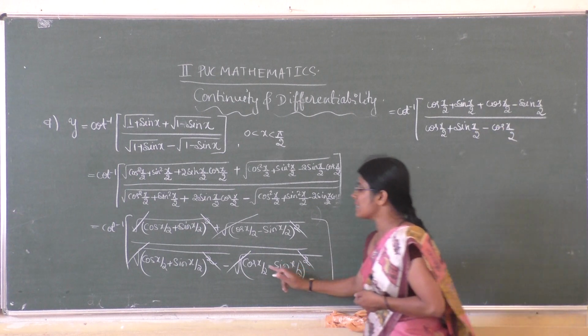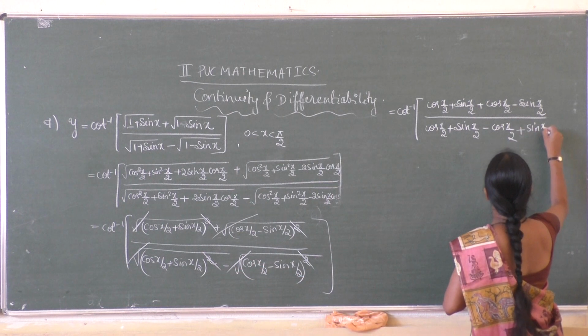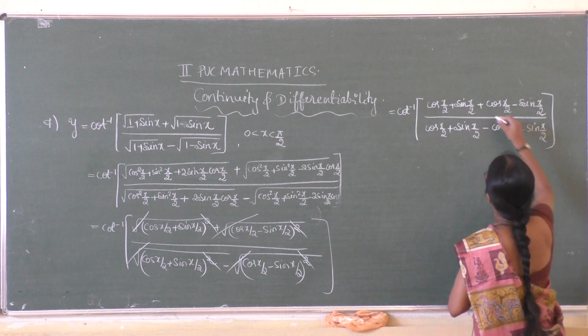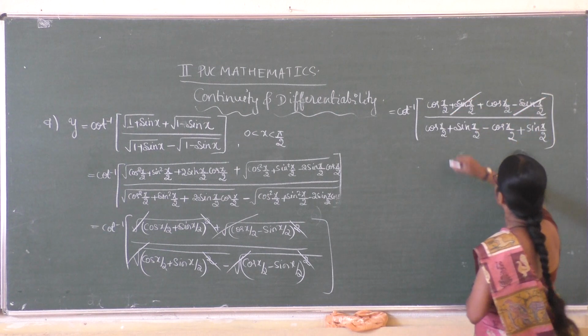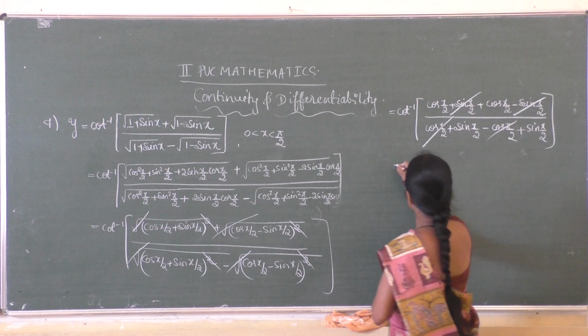Here minus minus becomes plus sine x by 2. This and this cancel. Here cos x by 2 minus cos x by 2 cancels.